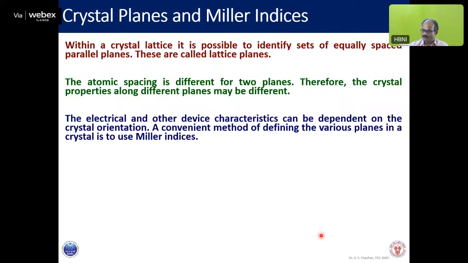Suppose if you are seeing in the x direction, then you will see different properties. But if you are looking in a direction that is at a certain angle to both x and y directions, but not the z direction, then you will see the interplanar distance will be different.